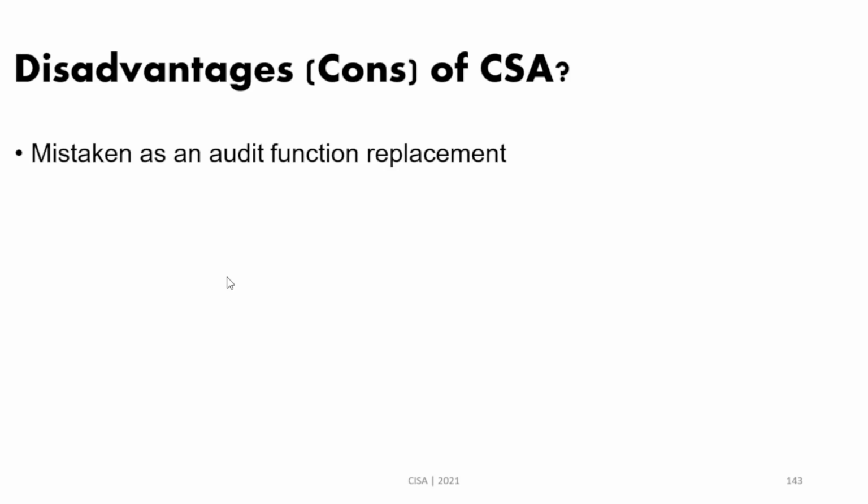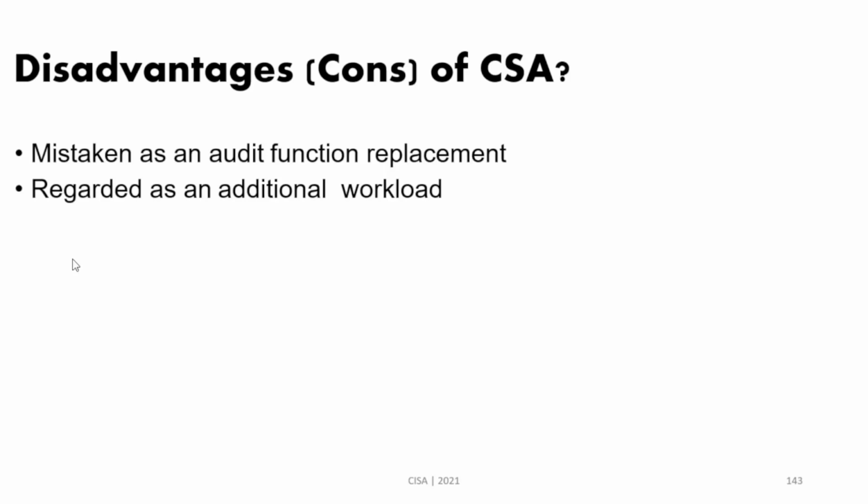An audit is required by many regulations and many kinds of work. If you are a stock exchange company, you need to have an external audit. If you are a service provider, you also need to have an independent audit, and so on. So CSA could sometimes be mistaken as a replacement for an audit, but this is wrong.